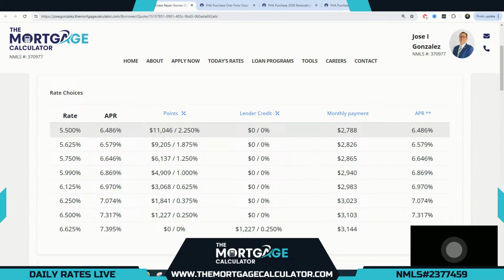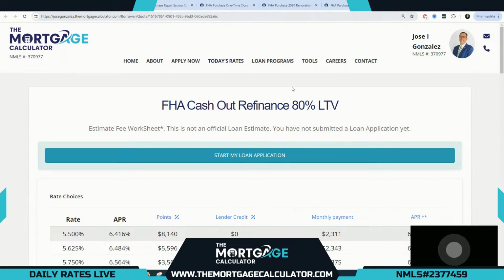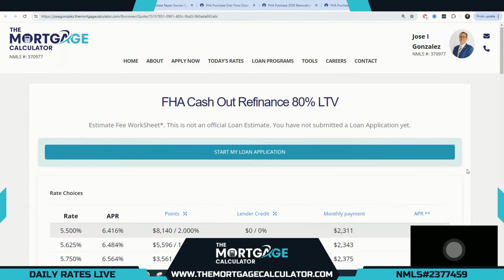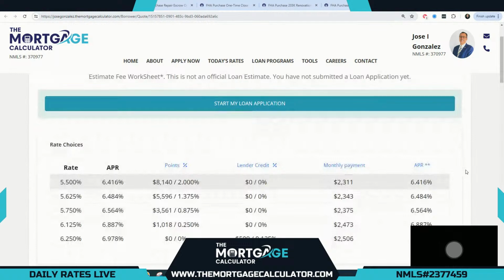6.625 is our lowest cost option, and actually great rates, our lowest cost option with a lender credit of 0.25, and you can buy that down all the way to 5.5% at a cost of 2.25 points. And then our last option here is our standard FHA cash out refi. 80% LTV max on an FHA cash out refi.